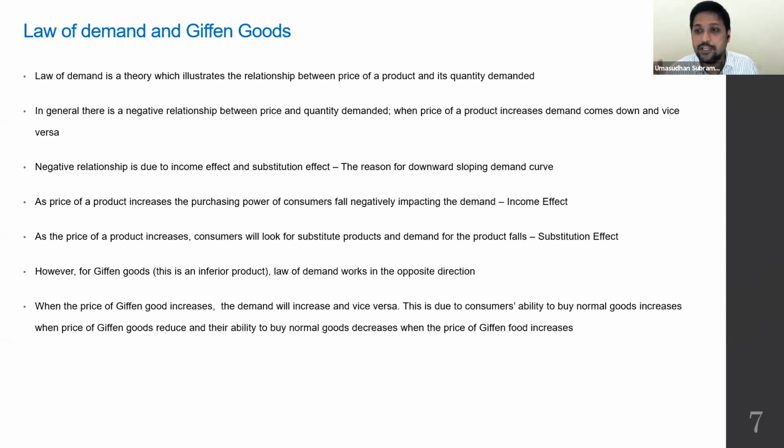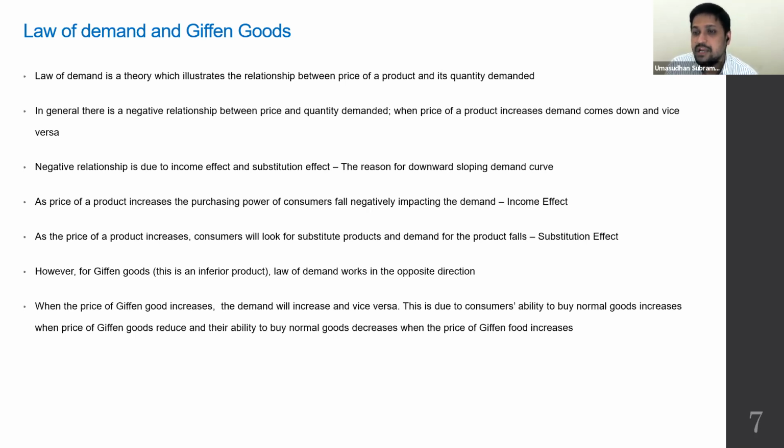Exceptional demand for Giffen goods means there is a positive relationship between price and quantity demanded, contrary to what we have been talking about. There is a negative relationship between price and quantity demanded for normal goods, but for Giffen goods it works in the opposite direction.